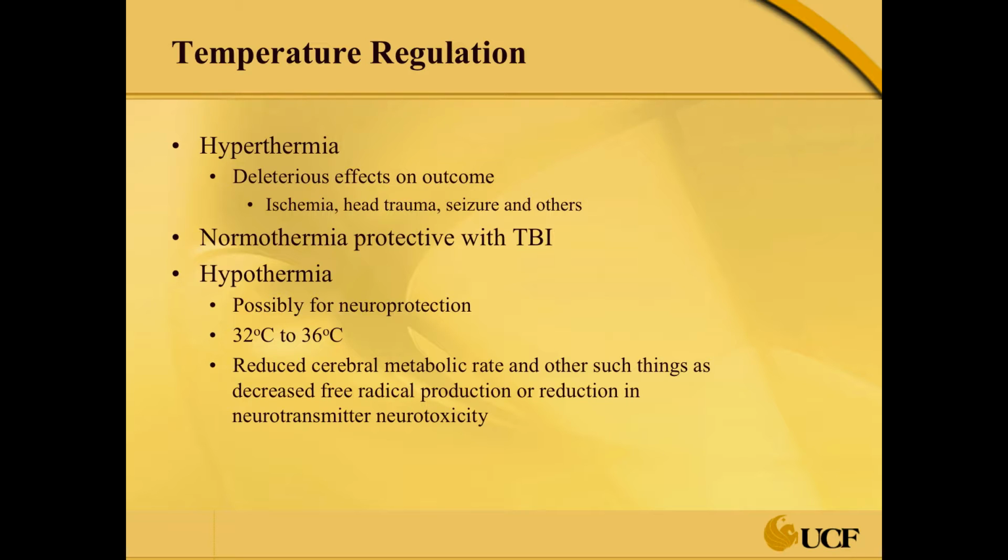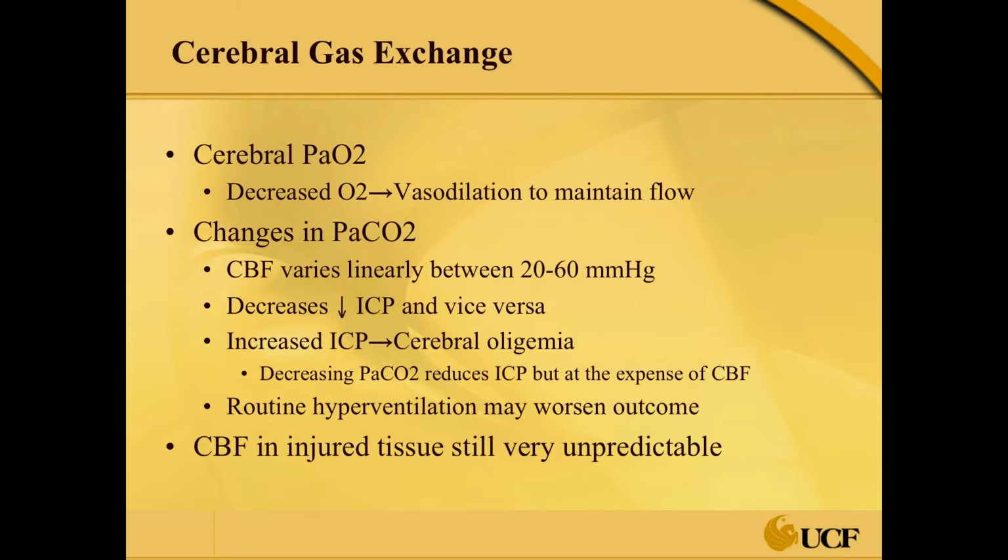It is something that we do a lot in the ICU in terms of brain injury, getting patients hypothermic to protect the brain. Cerebral gas exchange: if cerebral PaO2 decreases, you end up getting vasodilation to maintain the flow through the brain, so it's a compensatory response that occurs.